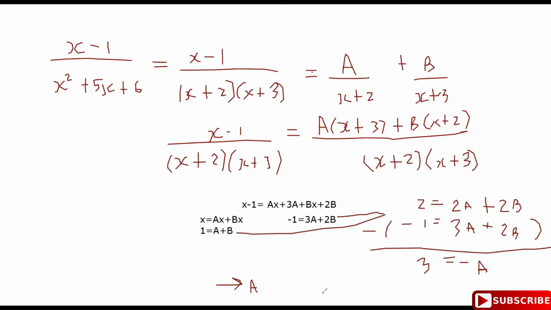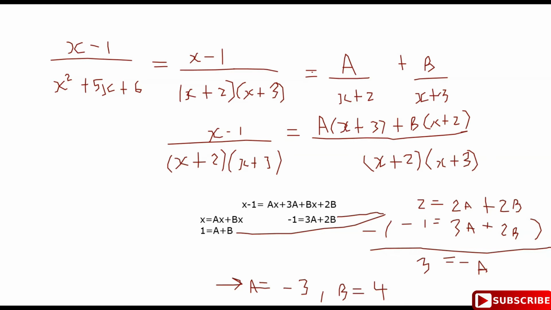If a equals negative 3, and I bring it over, I'm getting b equal 4. Is that 4? b equals 4. Just to play it safe, I'm going to check it in here: 3 times negative 3 plus 2 times 4. Yep, so b equals 4.